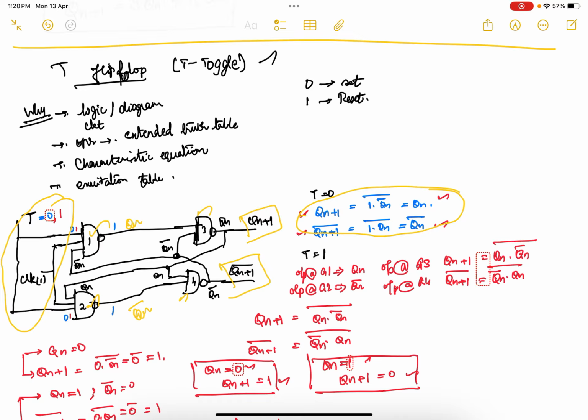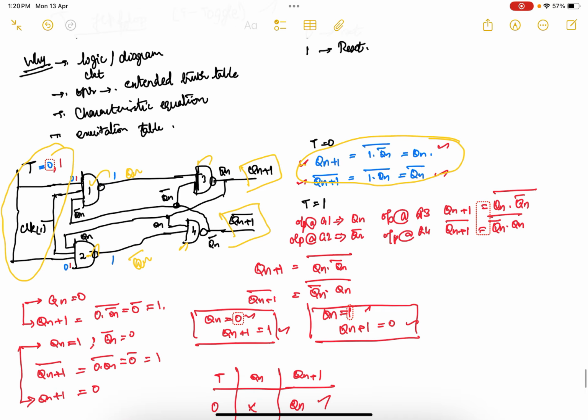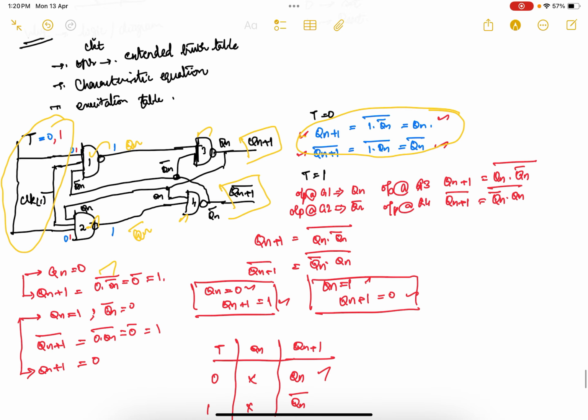So both the equations look similar, but there is a huge difference when you make the present state either 0 or 1. To make the present state 0, my next state is nothing but 1. Similarly, when the present state is 1, your next state I am getting as 0.